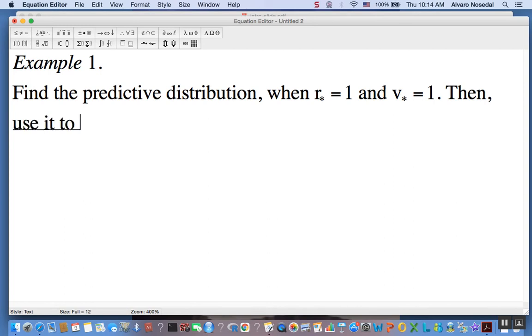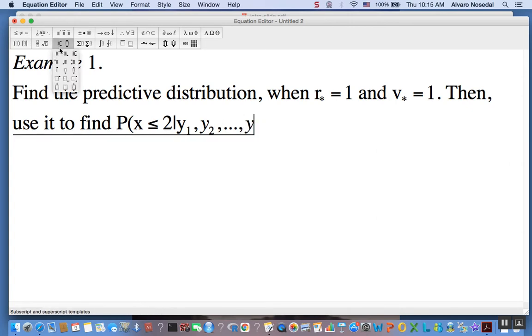Use it to find the probability that x is less than or equal to 2, given your sample y1, y2, up to yn, a sample of size n.